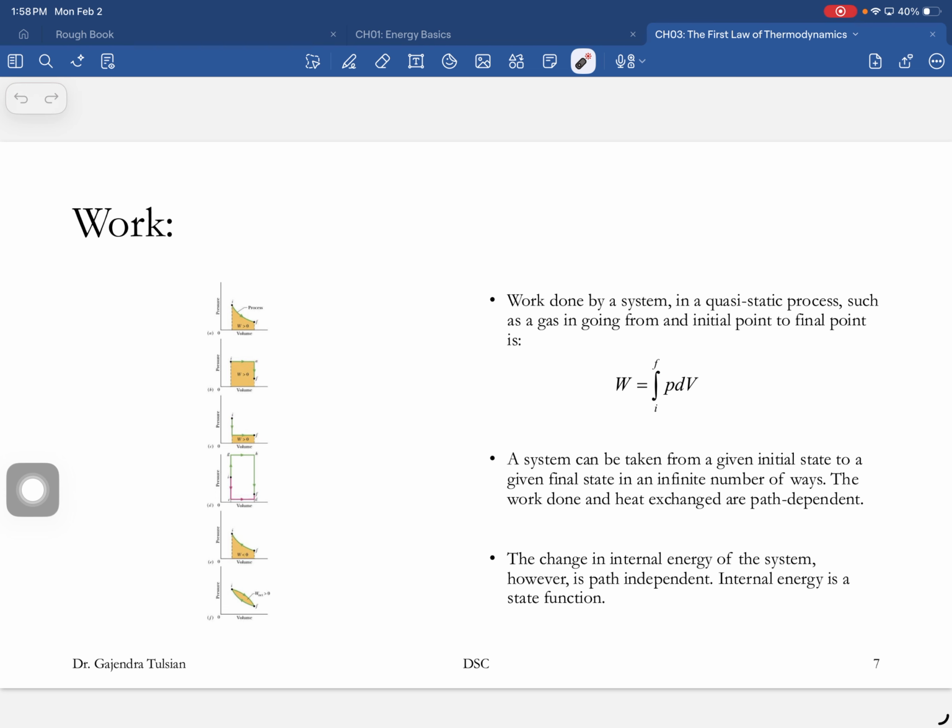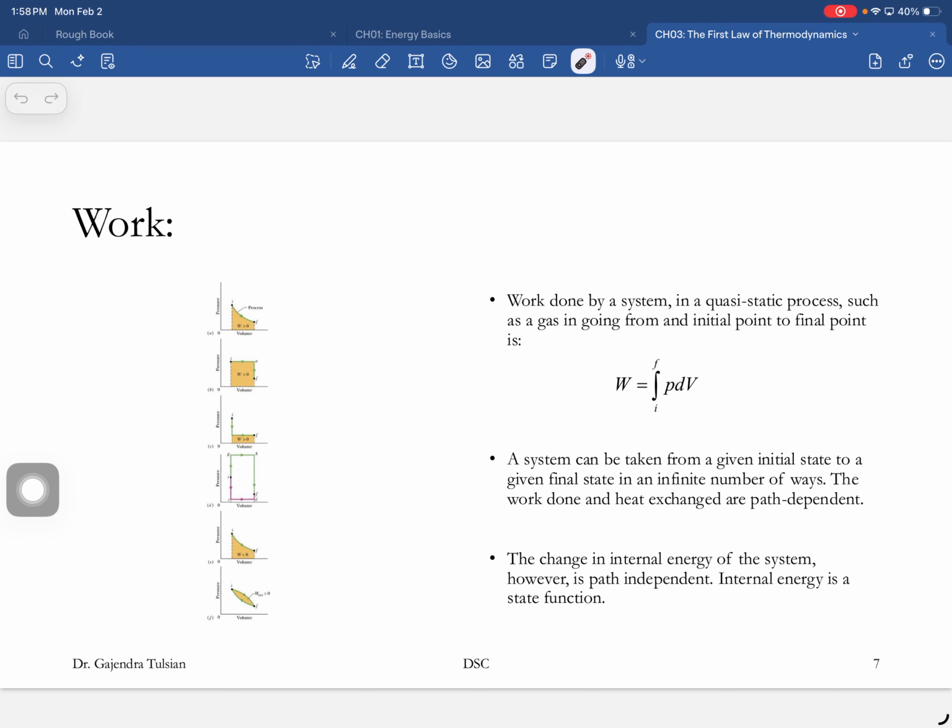It's different for different paths. A system can be taken from an initial state to a final state in an infinite number of ways. The work and heat exchanged are path dependent. So the amount of heat added to the system and the work done by the gas are path dependent.